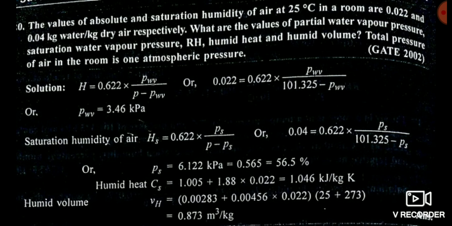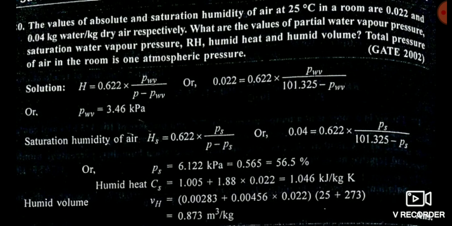So we have calculated the partial water vapor pressure, that is 3.46 kilopascal, and for saturation water vapor pressure we will use the same formula, but only PS value and HS value are changed. That we have calculated, the PS, that is 6.122.